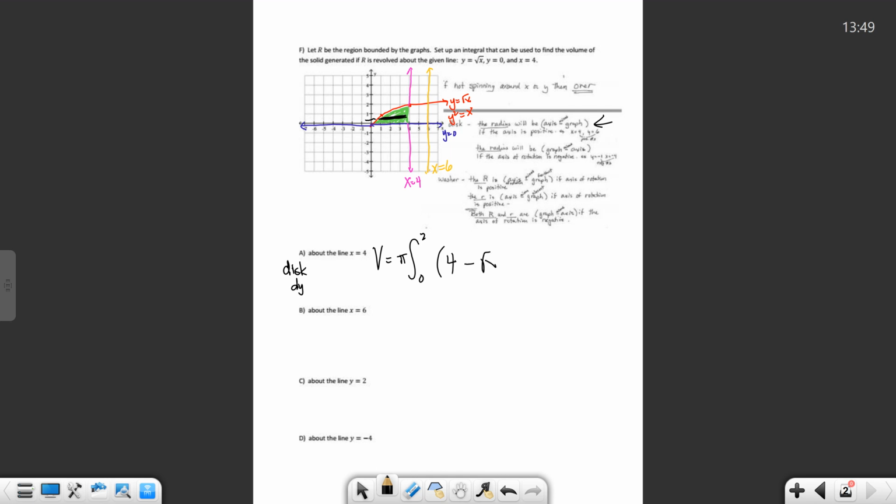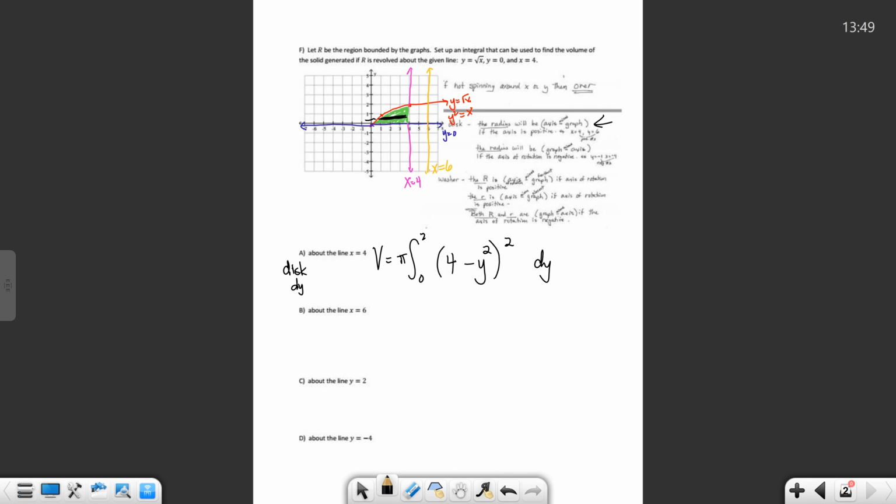Now remember, we can't put in the square root of x because I am a dy, so that's not going to work. I have to put in the other version. I have it in red up here. If you solved it for x, you get y squared. And then it's the radius squared. So there is that set up. All we had to do was set them up. We didn't have to integrate it.